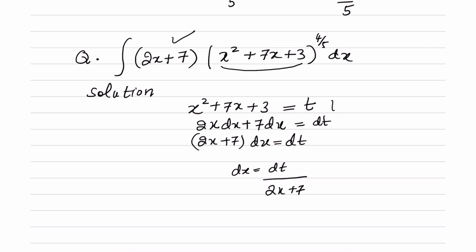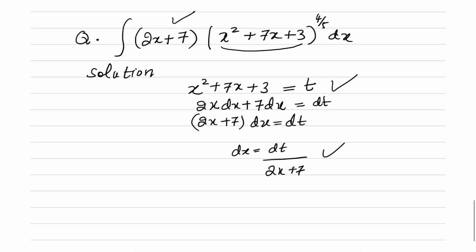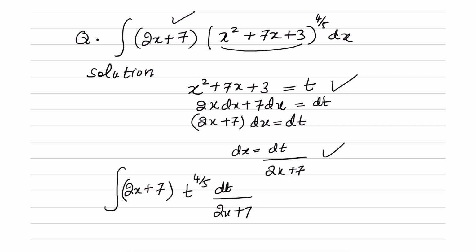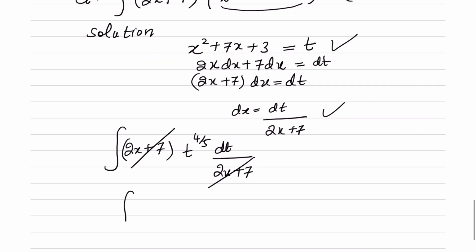Let's put dx equal to dt by 2x plus 7 back in our integral. So we have 2x plus 7. In the place of x square plus 7x plus 3, we will write t power 4 by 5, and the value of dx is dt by 2x plus 7. We can see that this 2x plus 7 cancels out with this 2x plus 7, and we have t power 4 by 5 into dt.